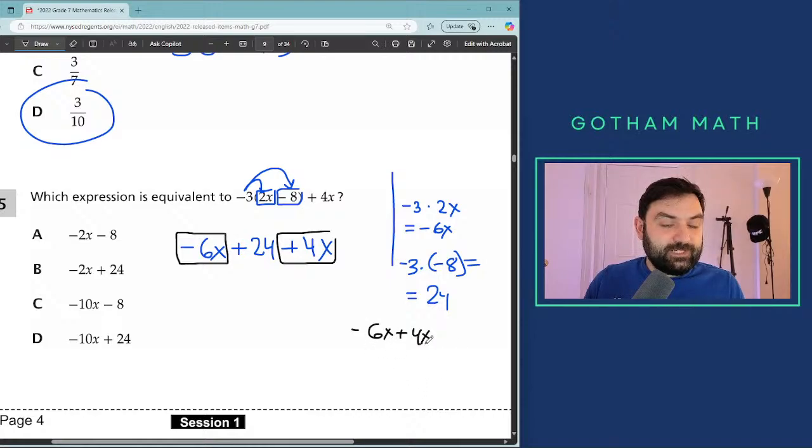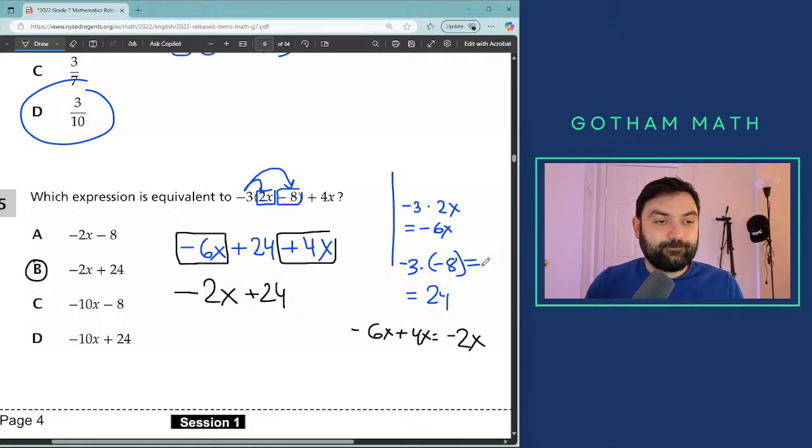So -6 plus 4 is -2, and x just carries. So the answer will be -2x plus 24. And this is B. So this is the question that's broken down to the fullest. There's nothing more and there's nothing less here.